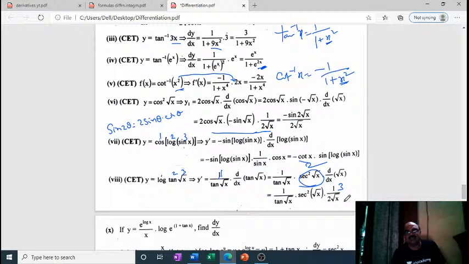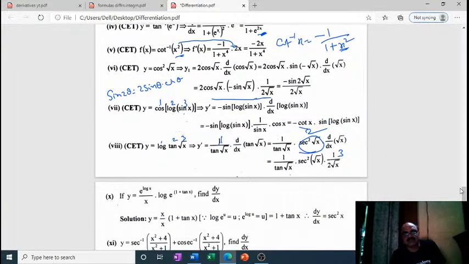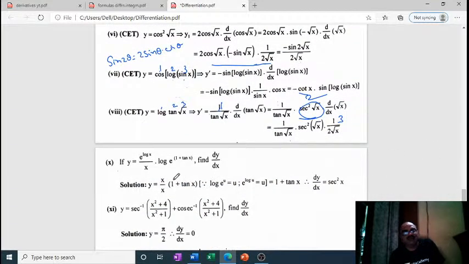Hope this concept is very clear to you, friends. I have another interesting sum here. y equals e power log x by x into log of e power 1 plus tan x. Now, log of e power this 1 plus tan x, you take it as u.